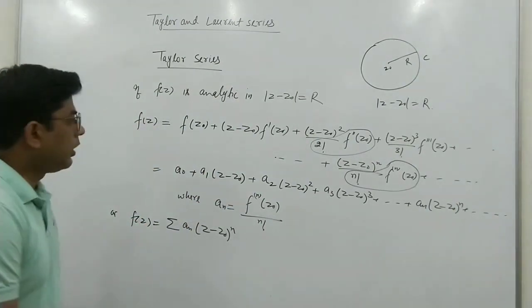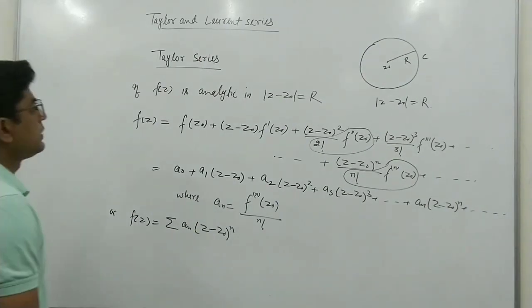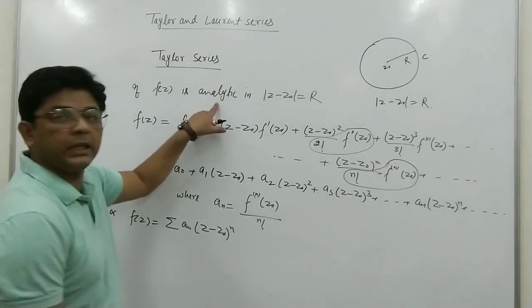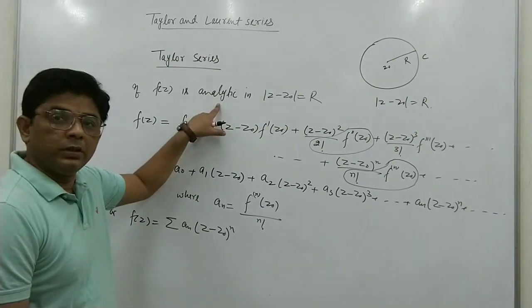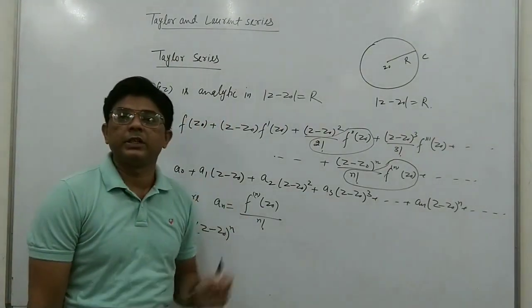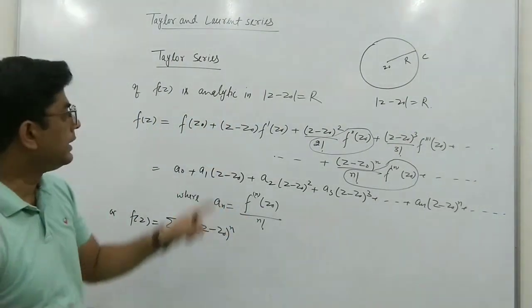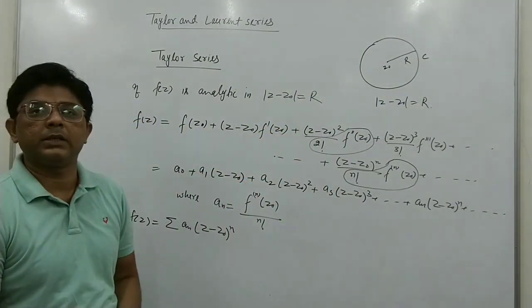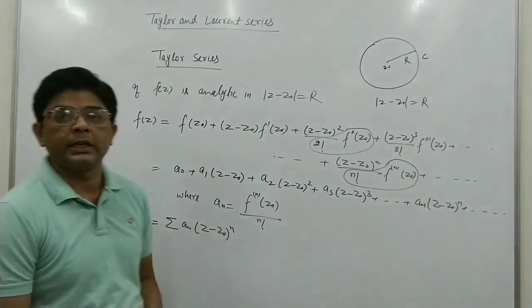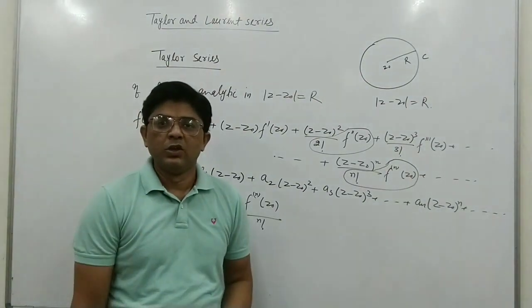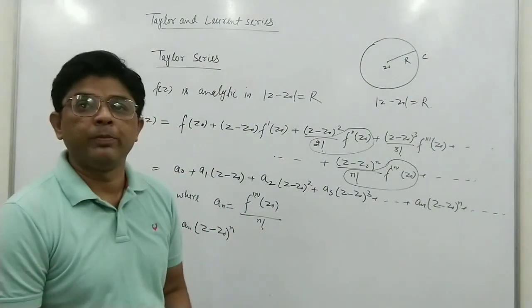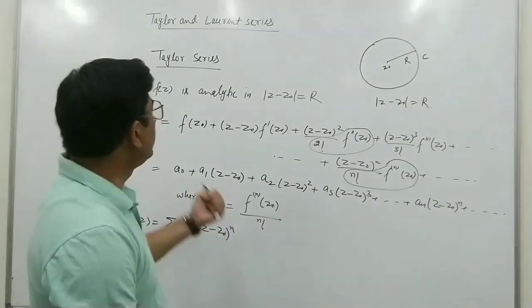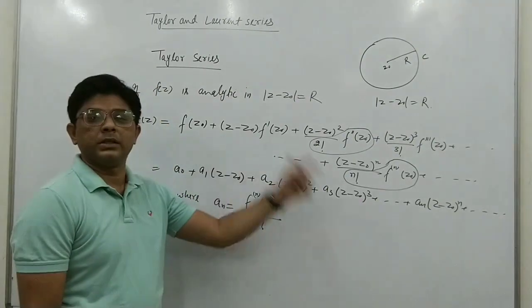Here we have taken the function f(z) as analytic. It should be noted that if f(z) is not analytic at this point z0, then it cannot be expressed as a power series, or a Taylor series. So the analyticity of f(z) should be there to write it in terms of a Taylor series.